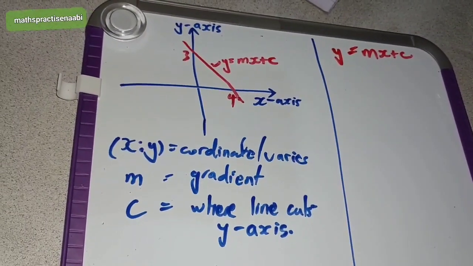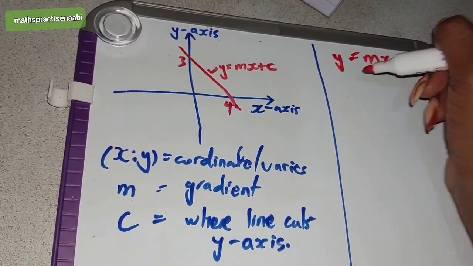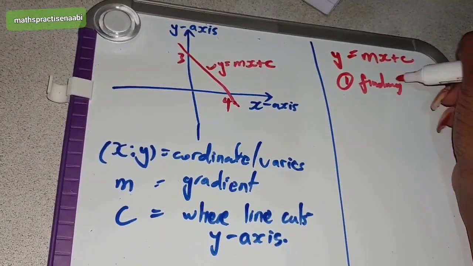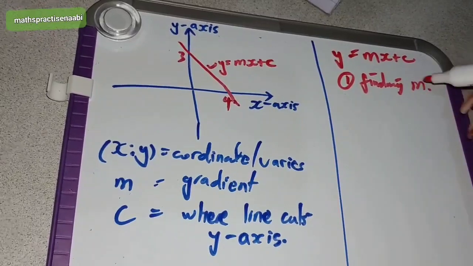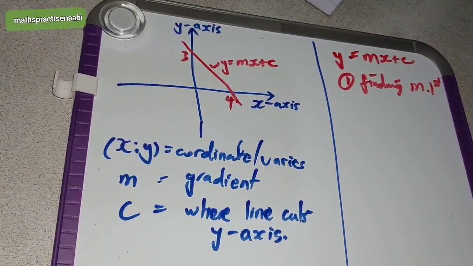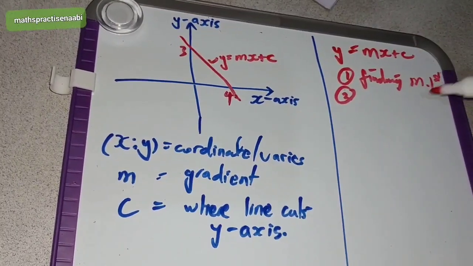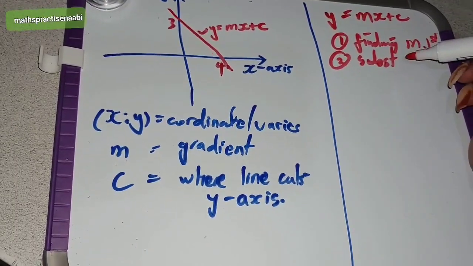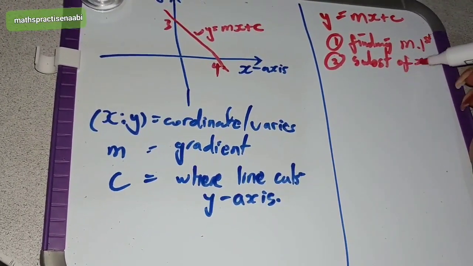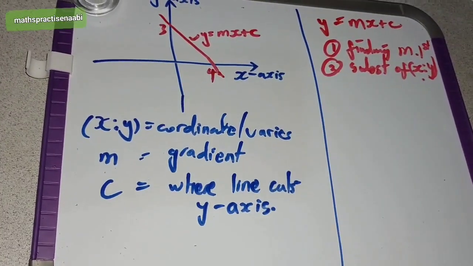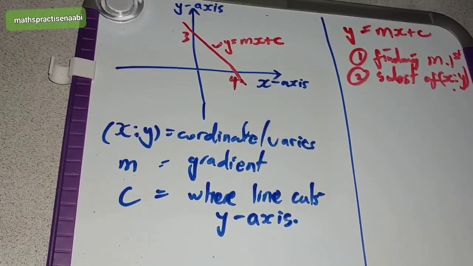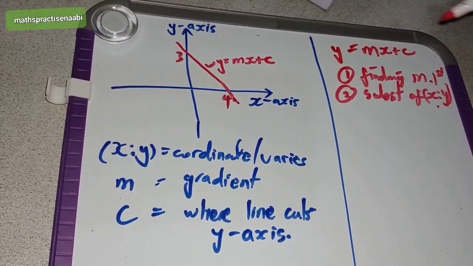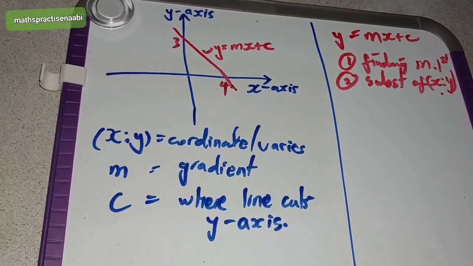Either number one, you can find the gradient first, like finding m first, right? Or method two, you can use the substitution of coordinates of x and y. Okay, so these are the two methods that you can use to find the equation of a line, where you fill in the constants, the m and c.